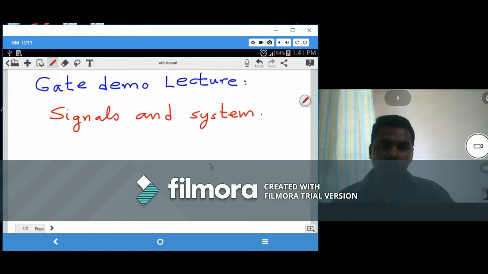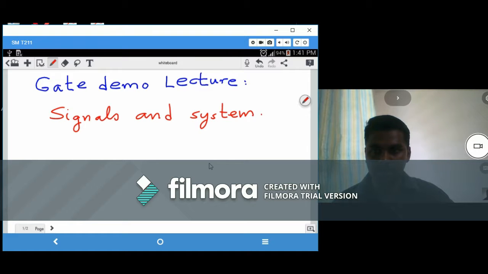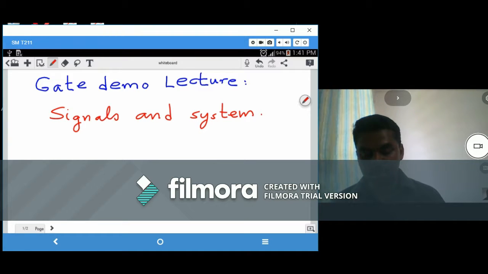If you look at any electronic circuit, signals as well as its interaction with systems, which is the circuit itself, is very common. In this, we shall analyze the definitions of signals as well as systems.